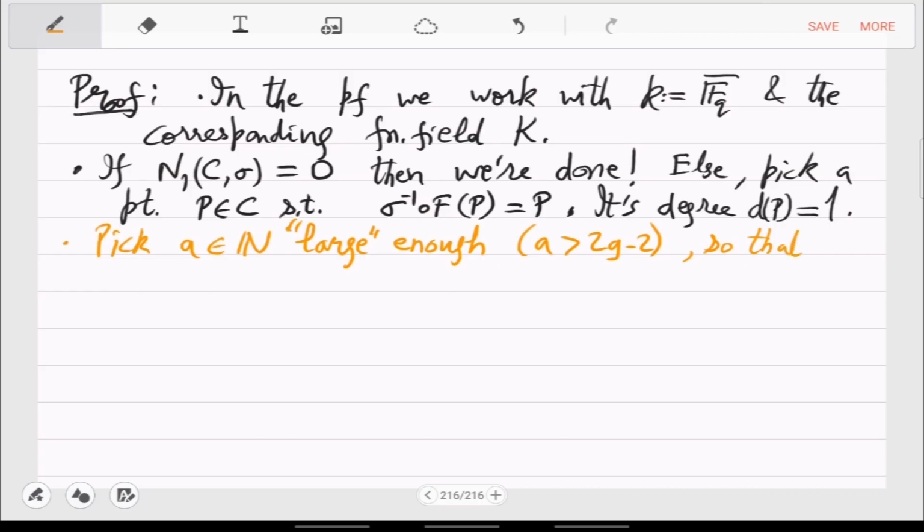So basically, let's define L_A to be this L vector space, L of AP, and l_A to be its dimension.